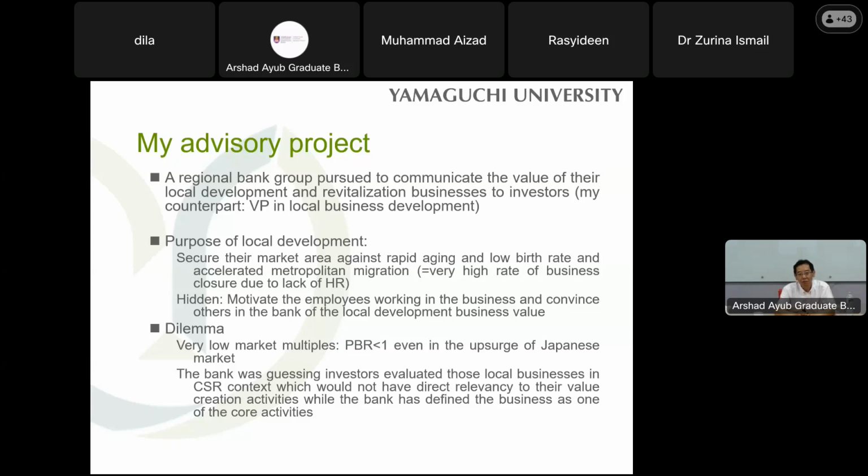The problem is worsened by the accelerated metropolitan migration to Tokyo or Osaka. So they have no other choice but to be the main player for local development. Otherwise, they will die.